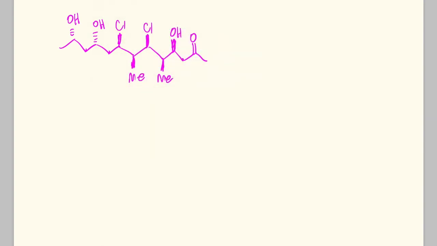So what we need to do is change all of the dashes to wedges and all of the wedges to dashes. So the enantiomer would be this molecule here. This chlorine, we need to make it a dash. This methyl group, a dash. This chlorine, a dash.